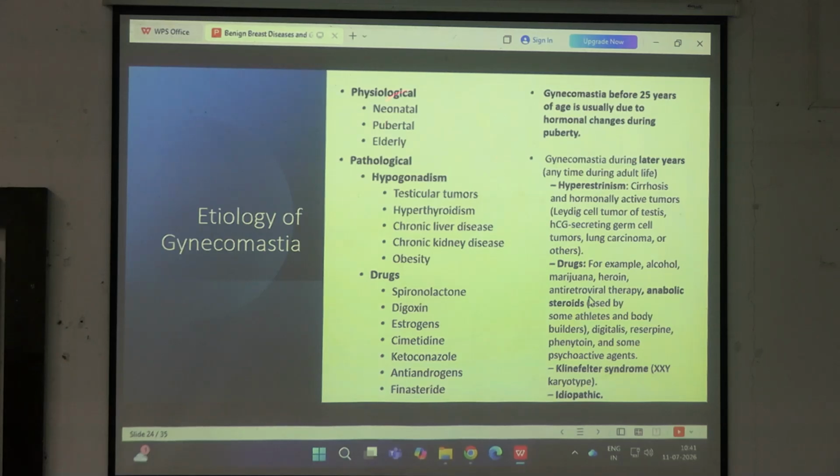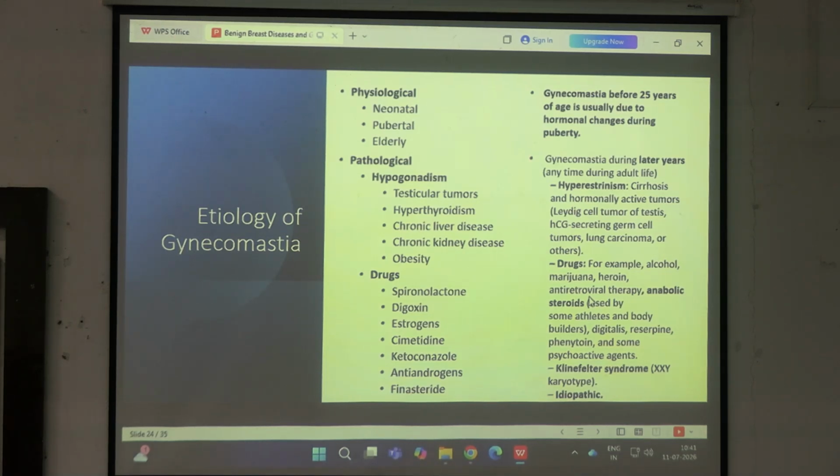Physiologically, during the neonatal period, puberty and old age, it can occur due to hormonal imbalances. Most commonly it occurs due to hormonal changes during puberty, and this is physiological.